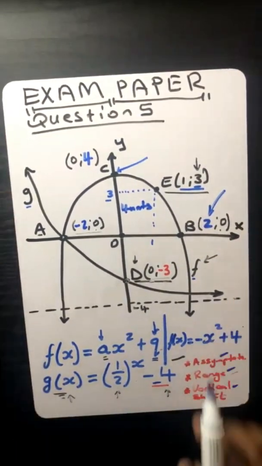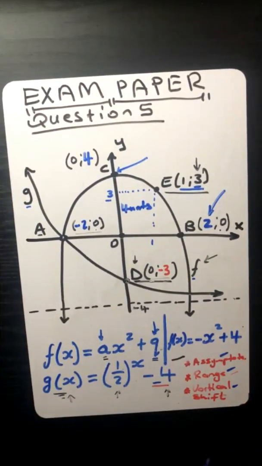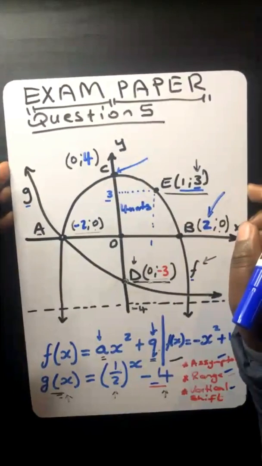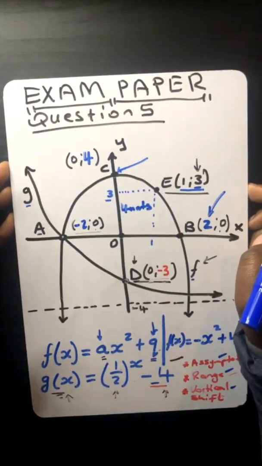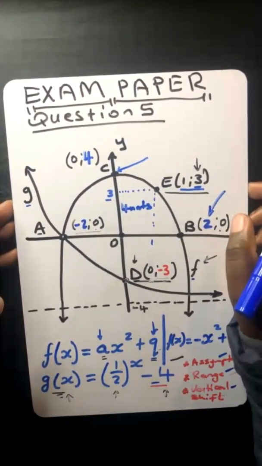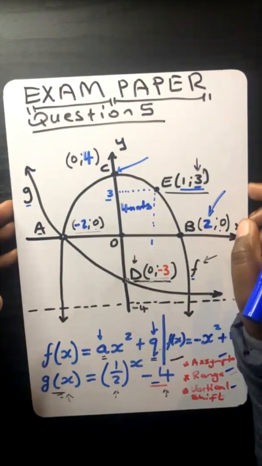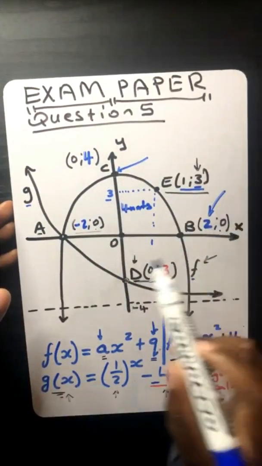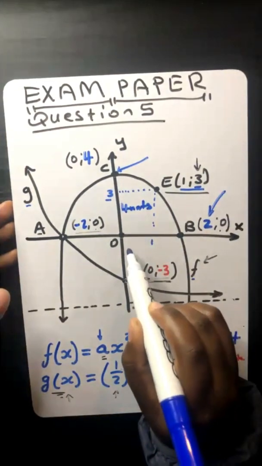Guys, what was my question? The question was the distance from the origin to D. What is it? Then it's 3. Someone said negative.